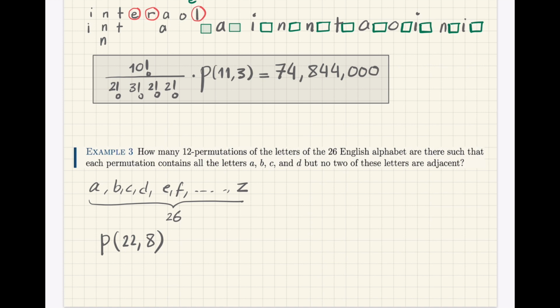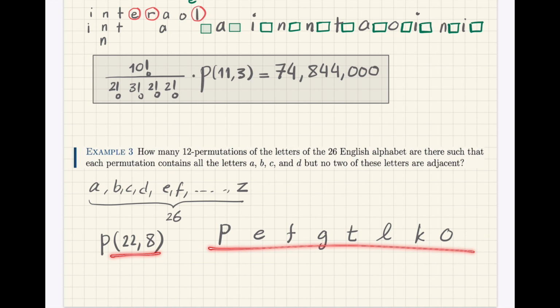For example, you might decide to choose E, F, T, G, L, K, and so on, 1, 2, 3, 4, 5, 6, and for example, O and P. This is one possibility of selecting and arranging them.